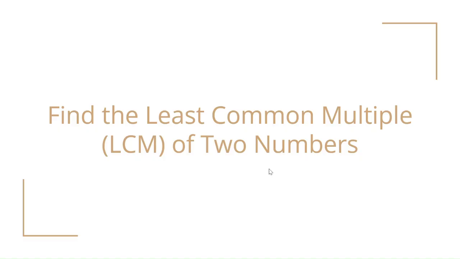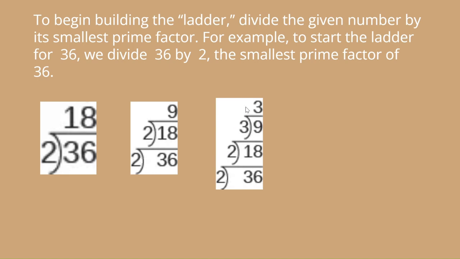Find the least common multiple of two numbers. Back to the ladder method first. I'll give you an example. Find the prime factorization of 72. You can write it on paper or anywhere, and I'll give you 20 seconds, then I will tell you the answer.